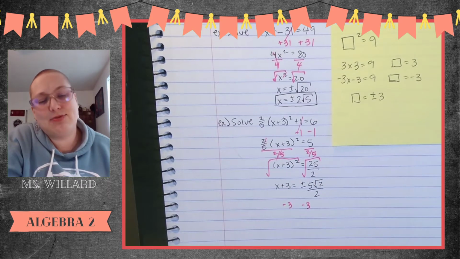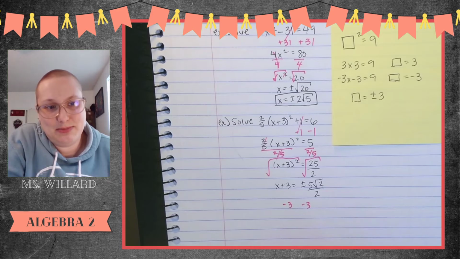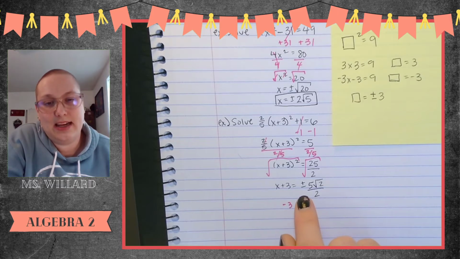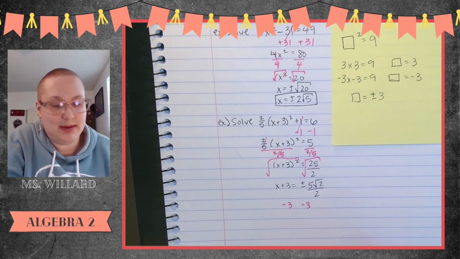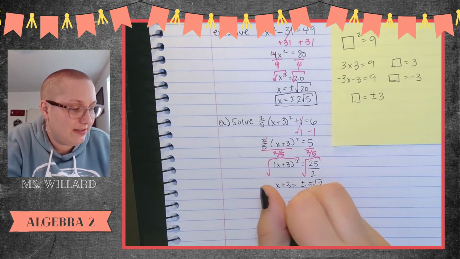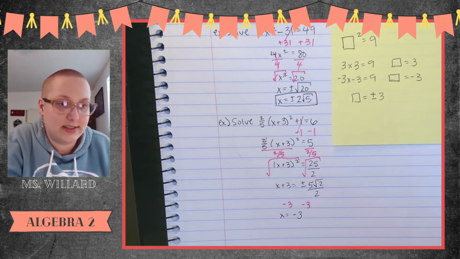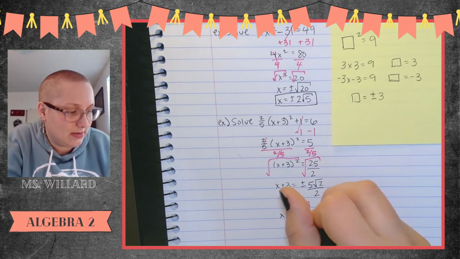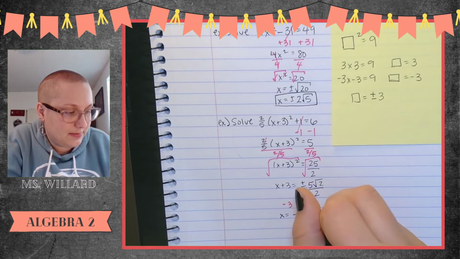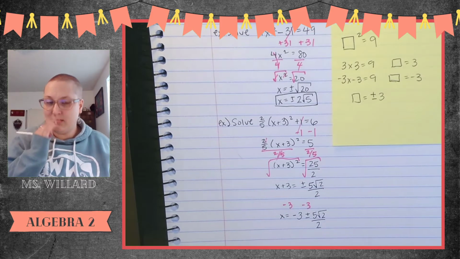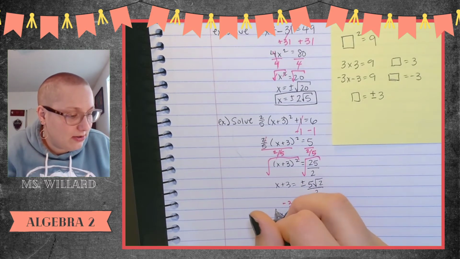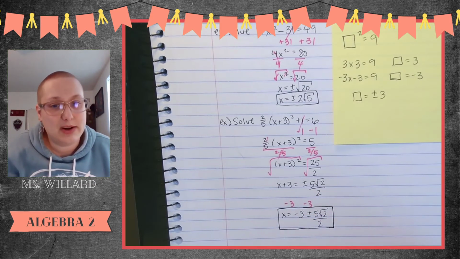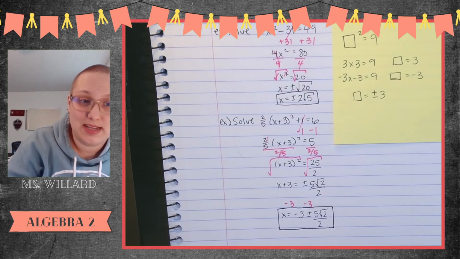I can just write this on the end, but I can't combine the two because what's really happening is I'm doing positive 5√2/2 minus 3 and negative 5√2/2 minus 3. The convention of how we write this is that we write the normal number first, and then the plus and minus, and then the rest. Okay? So this is the answer in simplest radical form. I can't go any further than this, even though that same math heart really wants me to.